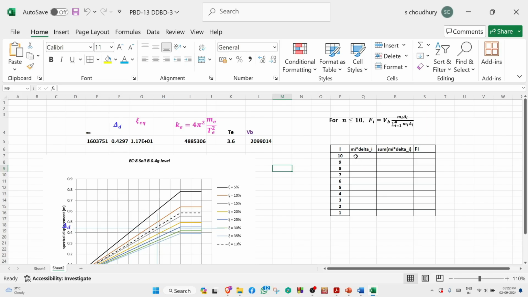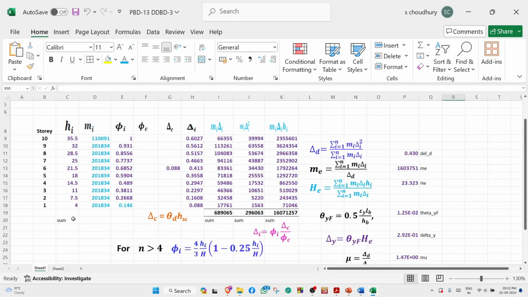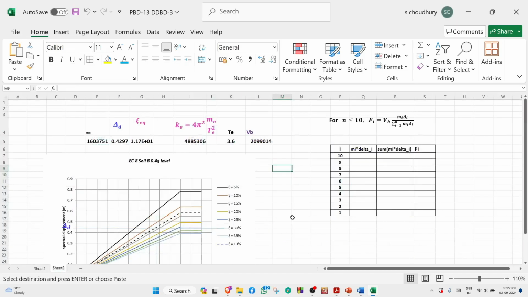So we can take it out from the previous sheet. Mi delta I column is this. We copy this here and put it in the Mi delta I column of this second sheet.